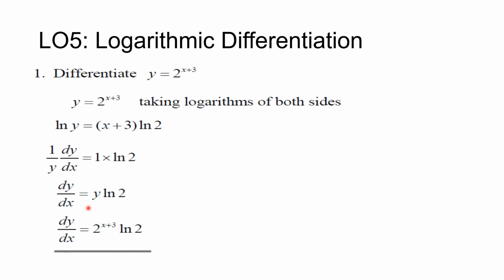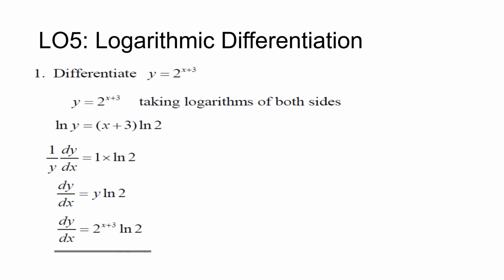In order to get dy/dx, you need to collect the terms together on the right. So this becomes ln 2 multiplied by y. Therefore, you need to substitute your y in terms of x back into this dy/dx. So y is 2 to the power of x plus 3, and you substitute y with this over here. This would be your final answer for dy/dx.